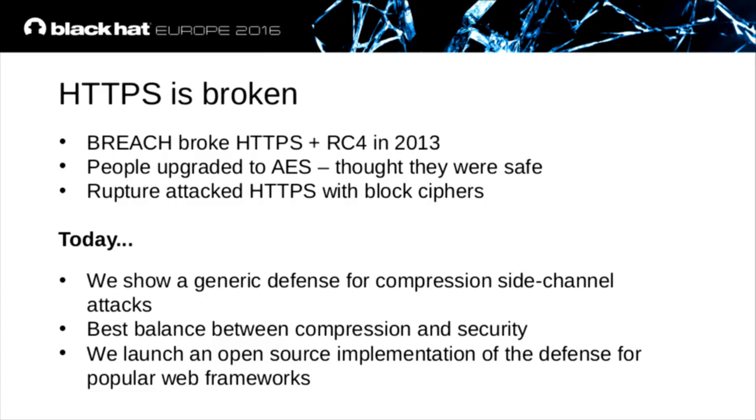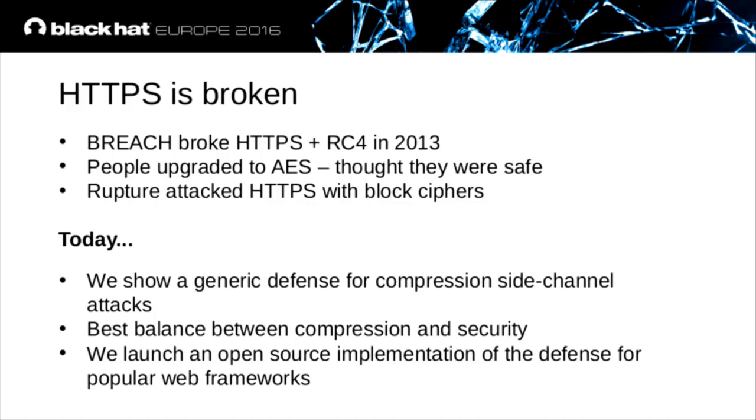As we assume most of you already know, BREACH broke HTTPS and RC4 back in 2013. People upgraded from stream ciphers to block ciphers like AES and thought they were safe. But RAPTOR in 2016 attacked HTTPS with block ciphers.